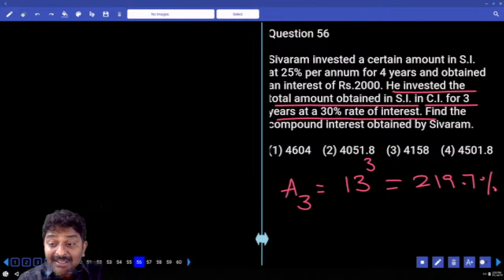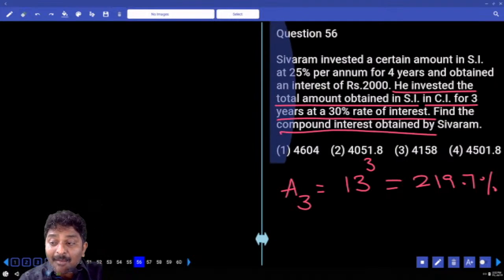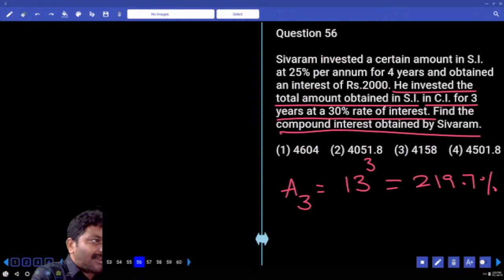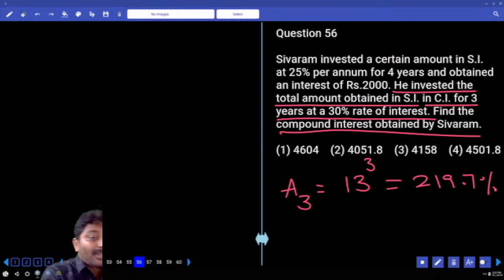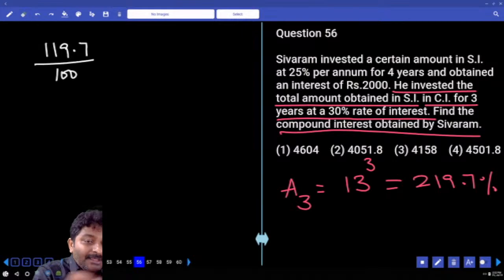But here they are talking about find the compound interest obtained by Shivaram. Compound interest. If amount is 2197, how much interest do we get? 119.7. Percentage symbol I will delete and write 100. Is that okay? So this much percentage should be calculated on which number? Into 4000.